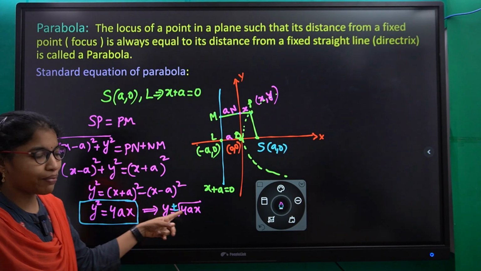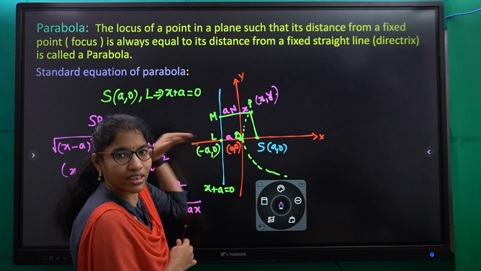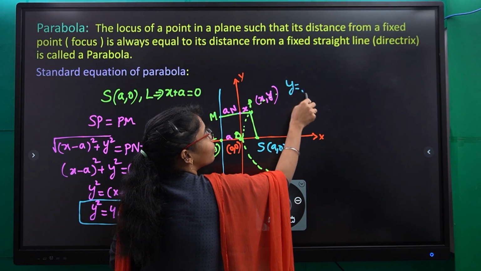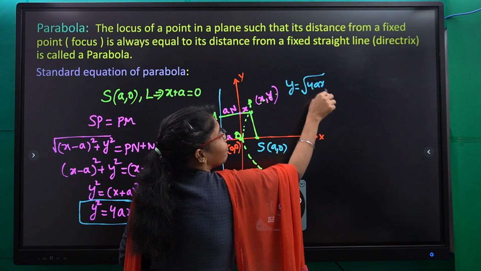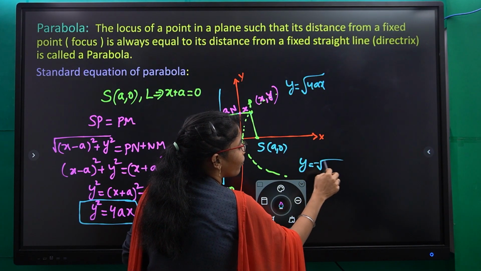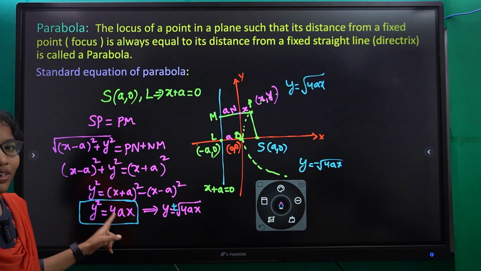So above the axis it represents y equals root 4ax and below the axis it represents y equals minus root 4ax. Clear?